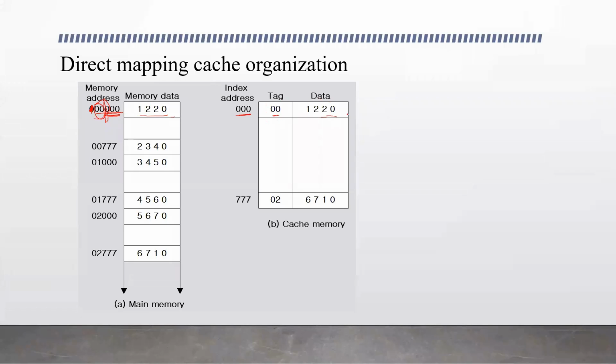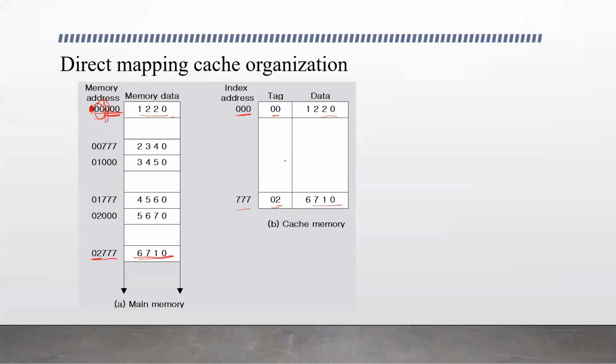So the cache organization is different in direct mapping. If you see this 777 data, it is stored this way: the data is this and the tag is the most significant 2 octal digits, 02, and the least significant digits 777 are used as the address.